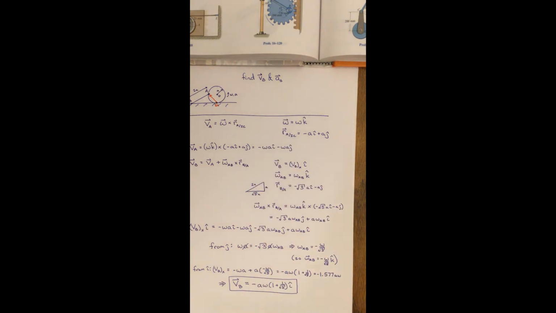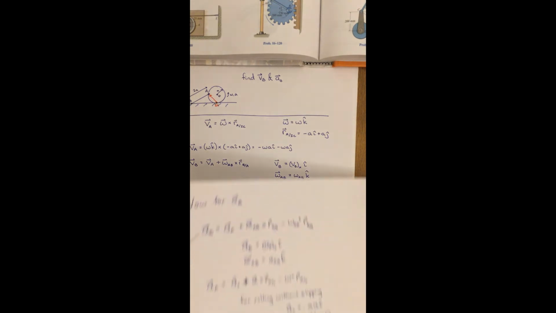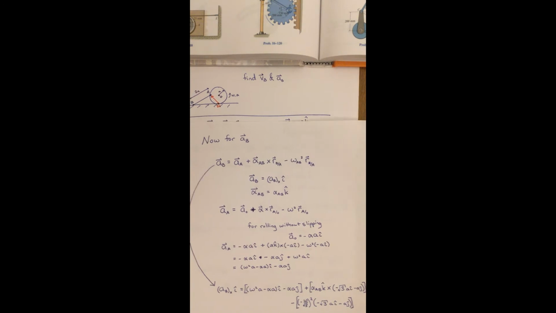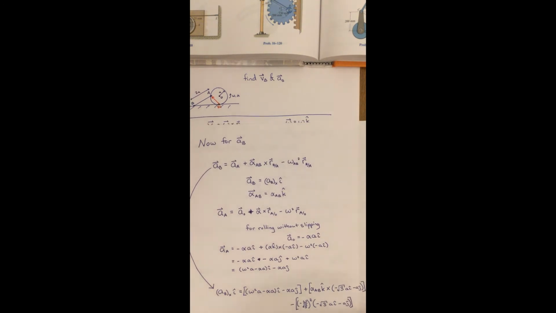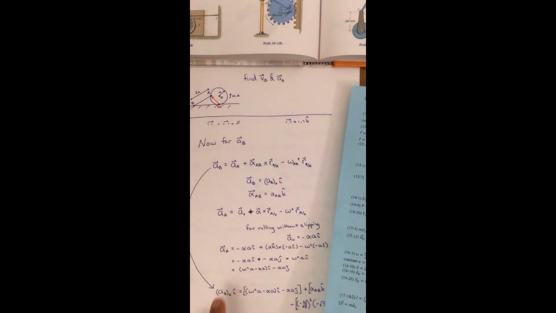Now we also get to find the acceleration of point B. So we're going to use the equation that we've been using in this section, equation 16.18. I have that here, and then I'm going to look at what I know in this equation.